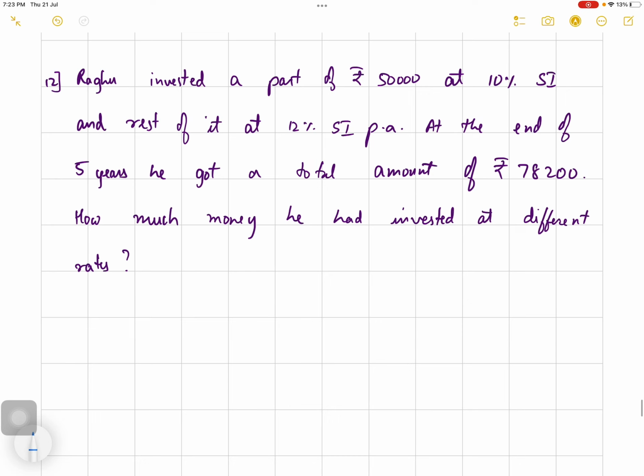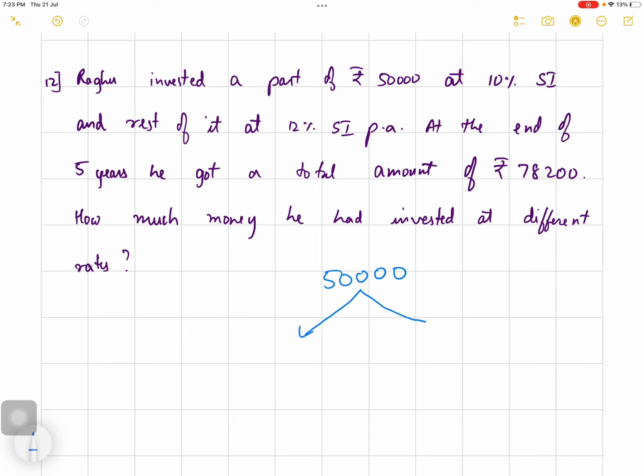Now let's see the next question. Raghu invested a part of rupees 50,000 at 10% simple interest and the rest of it at 12% simple interest per annum. At the end of 5 years, he got a total amount of 78,200. How much money had he invested at different rates? So Raghu has 50,000. He divided it into two parts.